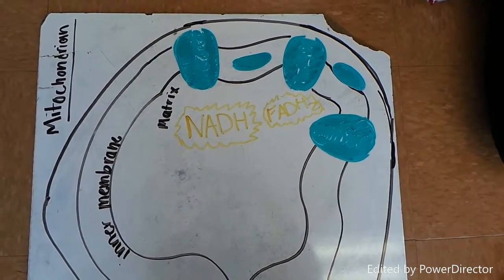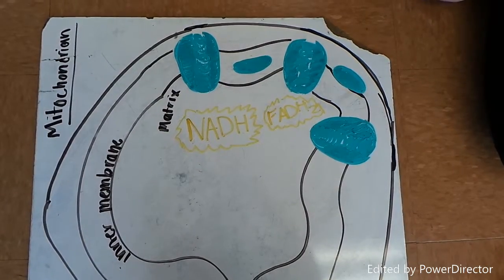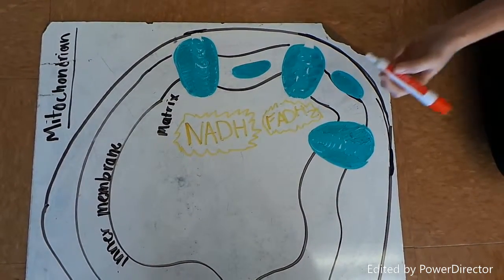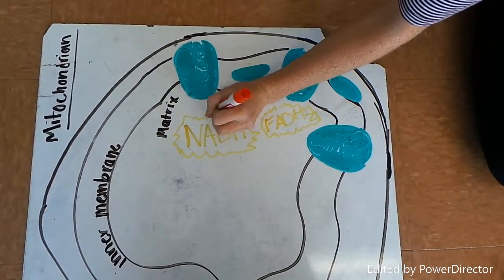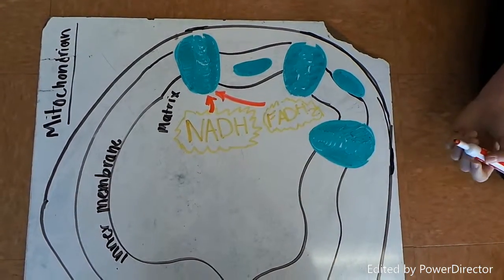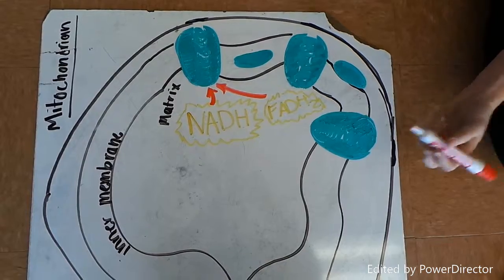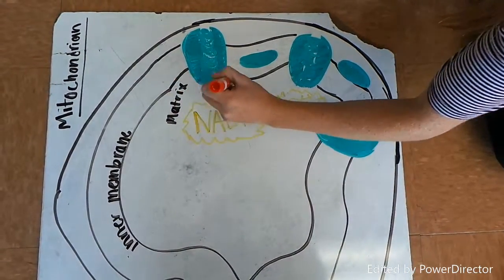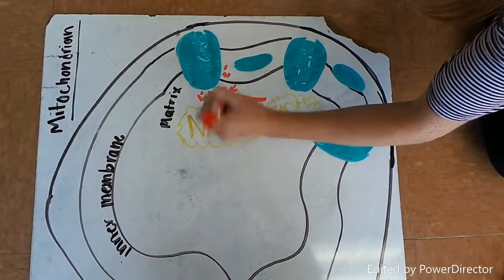NADH and FADH2 transfer their high energized electrons to the first ion pump in the electron transport chain. When doing this, they then transform to NAD positive and FAD.